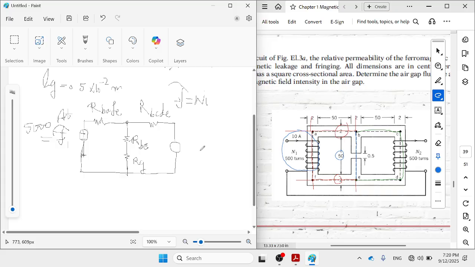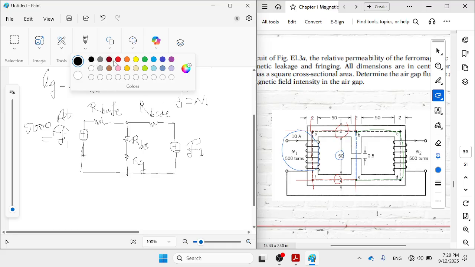In the case of the other one, again, all four fingers except the thumb in the direction of the current, then the thumb will give you the direction. So positive, negative, this is MMF2 with the same value as MMF1, which is 5000. Then let me find another color.